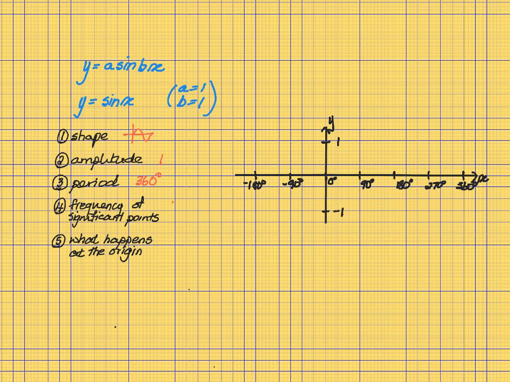So that is 90 degrees. And what happens at the origin? To check this, you can, on your calculator, just say sine of 0 degrees. And then you will get 0. And so you know at 0 degrees, the value of the function is 0.